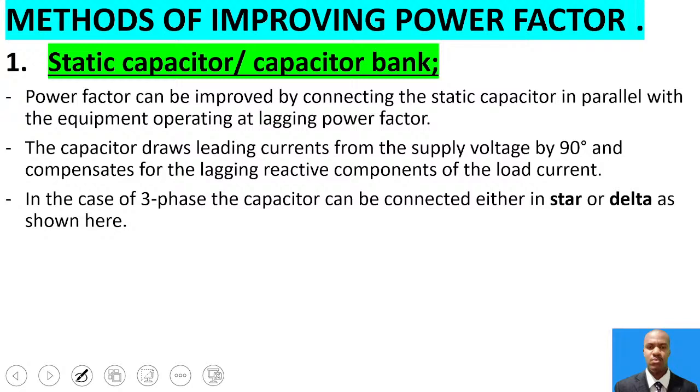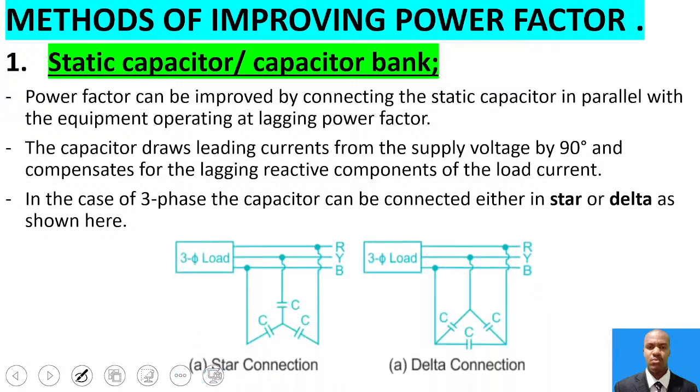It is applicable for three-phase, either in delta or star connection, as shown below. If you look keenly, the first one here is a star-connected capacitor bank, and it is improving the power factor of our three-phase load.